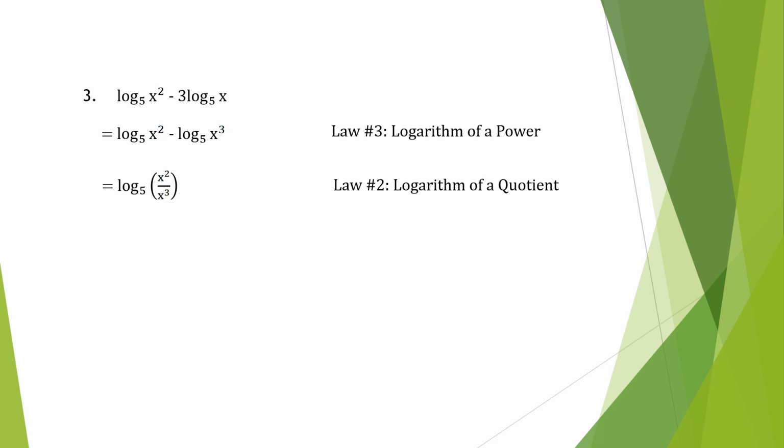As you can see, the numerator and denominator are both x. So we can use dividing powers with the same base. So this will be equal to 1 over x. So we will have logarithm base 5 of 1 over x. Let us recall negative exponents.